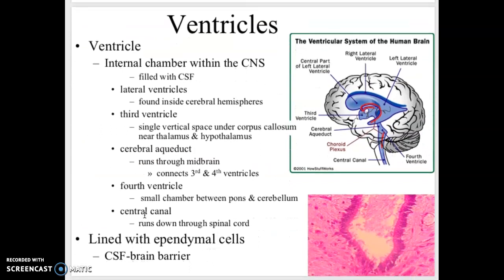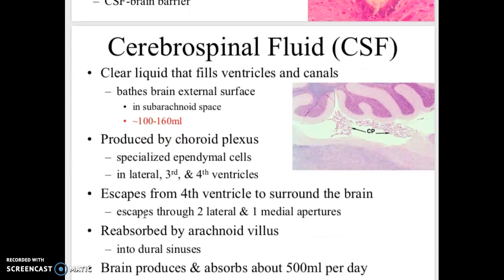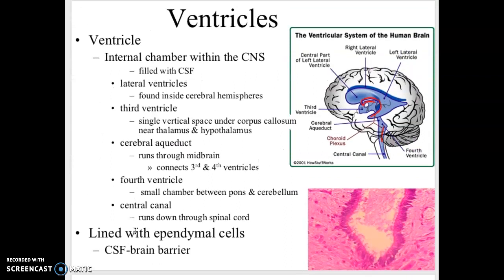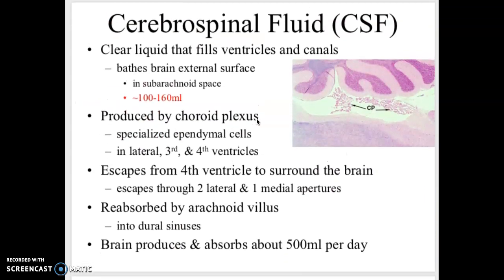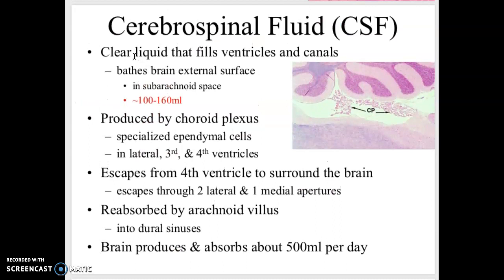The ventricles are little chambers within the brain that hold cerebrospinal fluid and kind of help to wash the brain. Oh, one thing about this, they're lined with those ependymal cells. If you guys remember, those are the ones that are secreting the cerebrospinal fluid. So this fluid is clear and it fills all the ventricles and the canals.